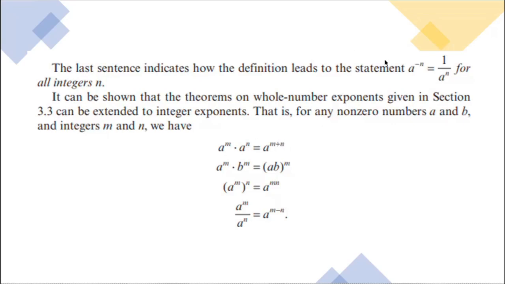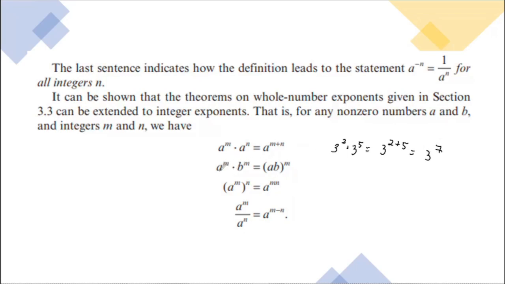Okay, so lagyan natin siya ng number. For example, 3 squared times 3 to the 5. Kaya ang magiging result niya, 3 raised to 2 plus 5 or 3 raised to 7.